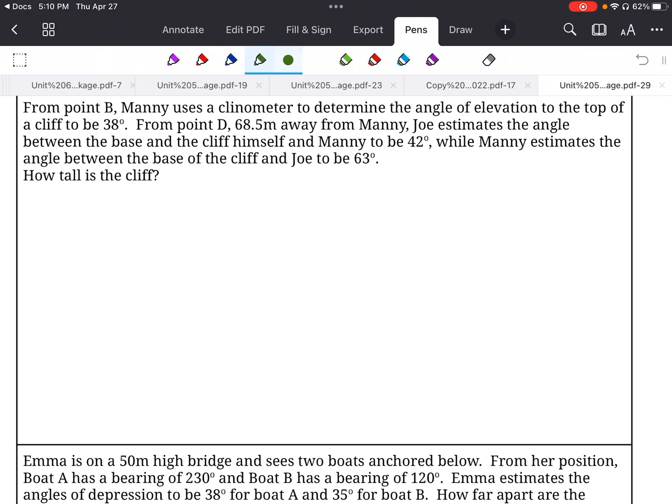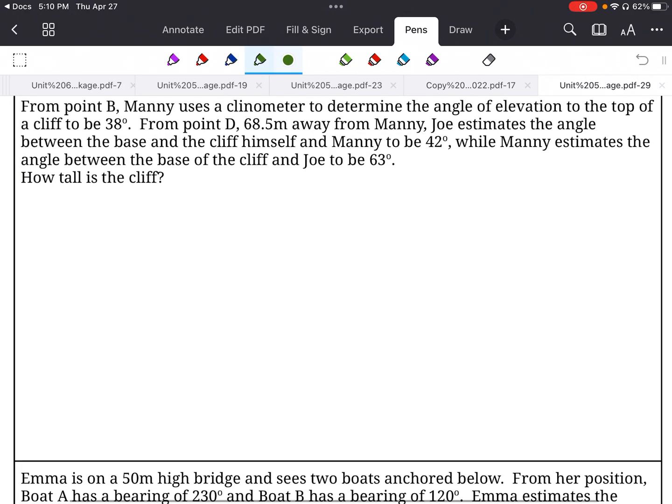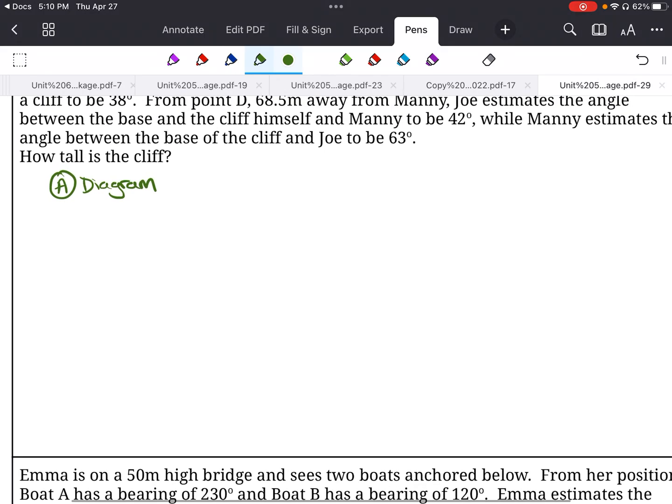Okay, a confusing word problem, but the first step we want to do is draw a diagram. So we have the top of a cliff, and we have two people, Manny and Joe.